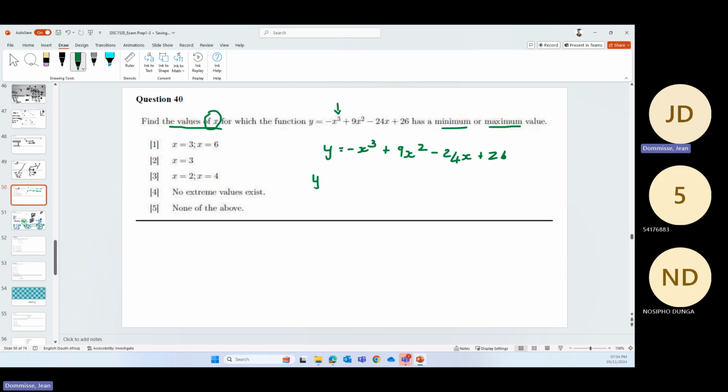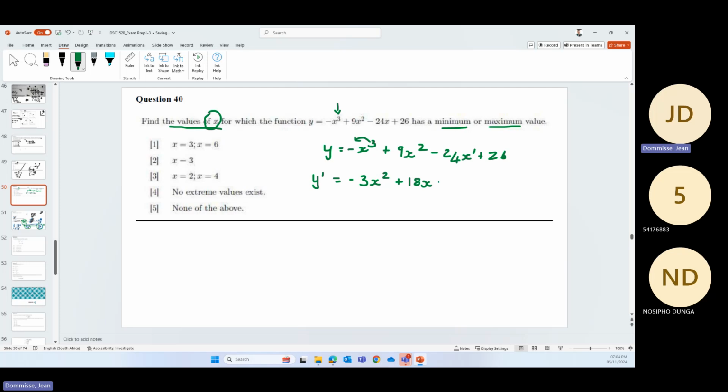Okay, so differentiation: the 3 goes to the front, so it's minus 3x, then it is 3 minus 1, which gives us 2. 2 times 9 is 18. Then it is 2 minus 1, so that stays 1.